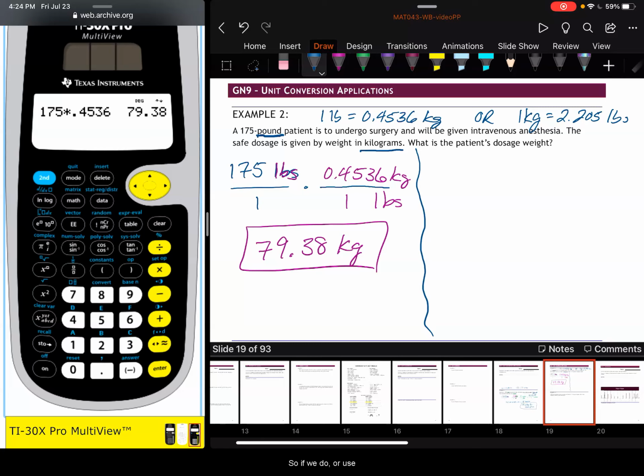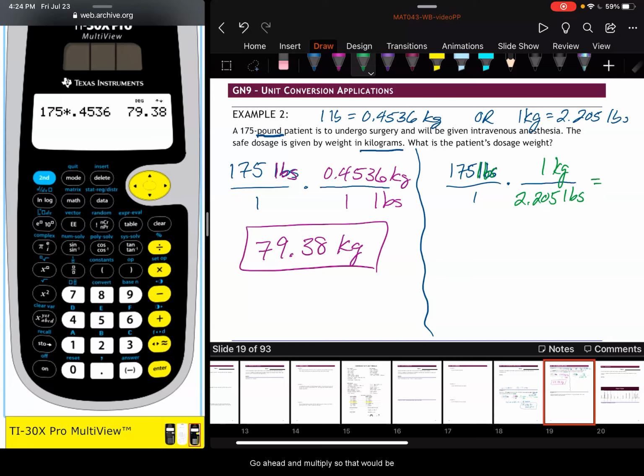So if we use the other conversion fact, again, we'd start with our 175 pounds. Now, in this case, still, pounds is in the numerator, so when I put it on the other one, it would still go in the denominator, but instead of having 1 with it, it would have that 2.205, and then our 1 kilogram would go in our numerator.